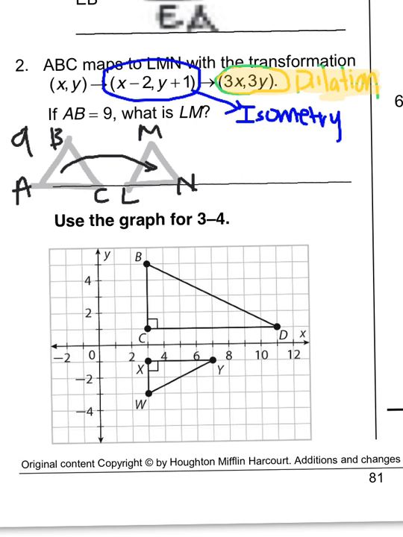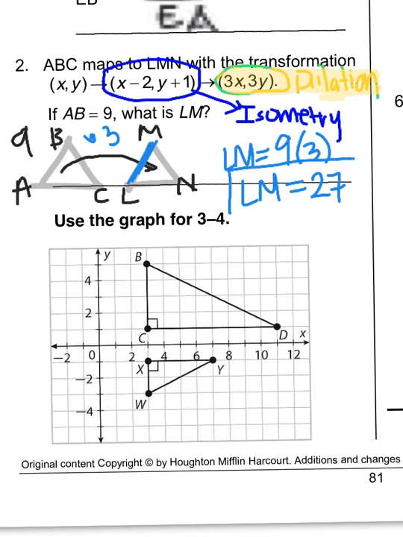And according to our dilation, we're supposed to take that number and multiply it by 3. So if I multiply by 3, that would mean that this segment here, LM, would equal whatever 9 times 3 is. And so that means that LM is actually 27. And that's how I'm able to find it.